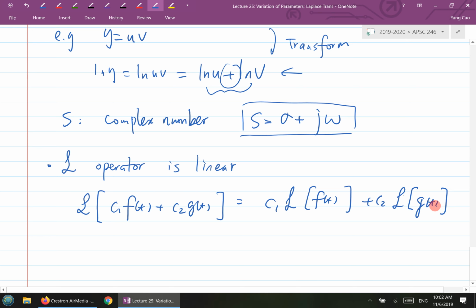So it's the superposition rule. Now if you recall, at the beginning of the term I said we're going to learn a few operators. Laplace is one operator, and in 248 we're learning the gradient operator. And later, very soon, we're going to learn the so-called curl operator, del cross. There's also a divergence operator. So there are all different types of operations essentially.